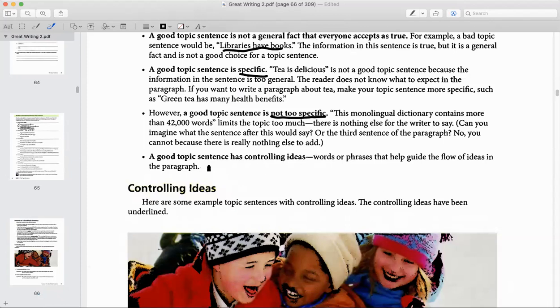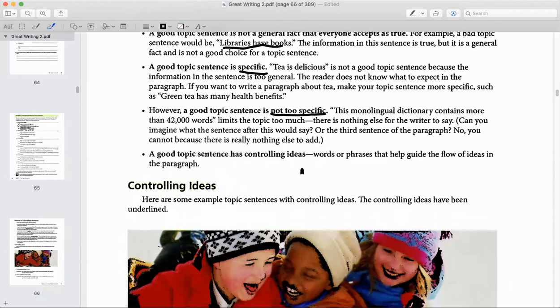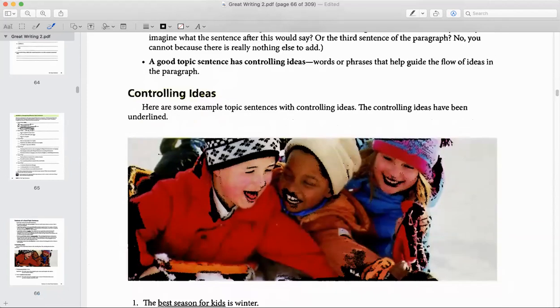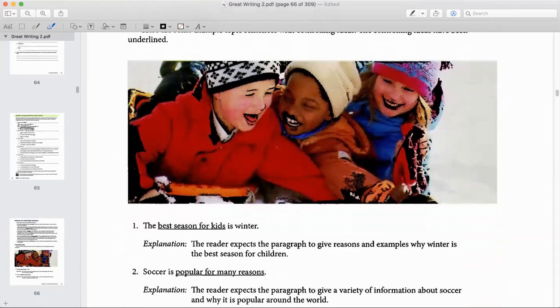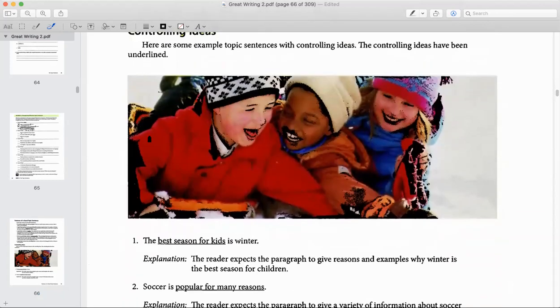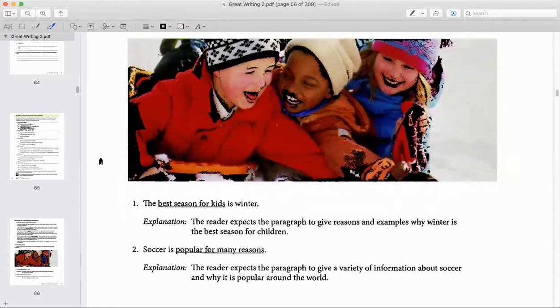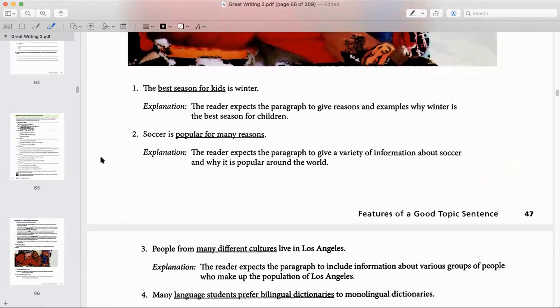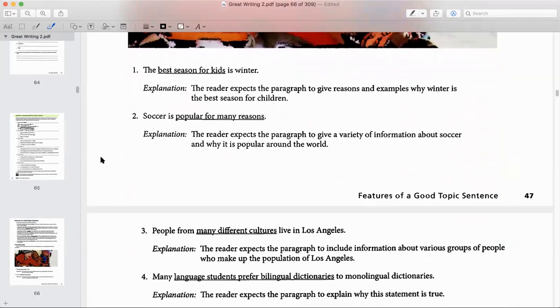And finally, a good topic sentence has controlling ideas. These are words that help guide the flow. So you'll have a topic, and then you'll have some words that tell you what will be said about the topic. And we'll look a little bit more closely at controlling ideas right here. Okay, so it says the controlling ideas have been underlined. So number 1, the best season for kids is winter.